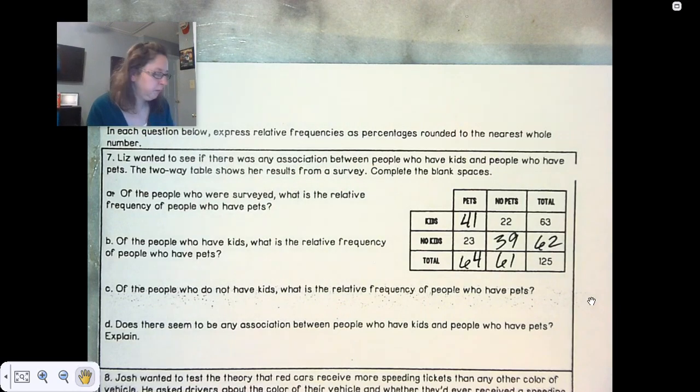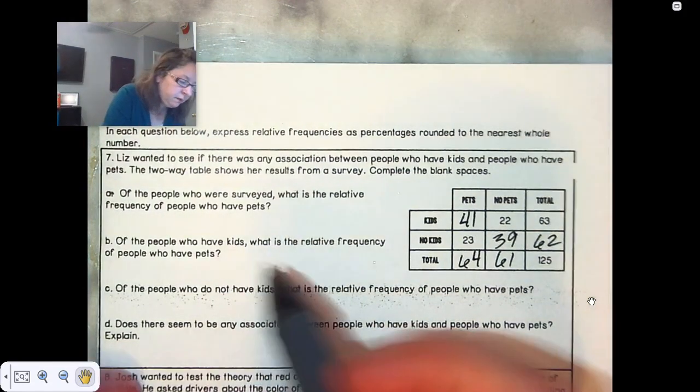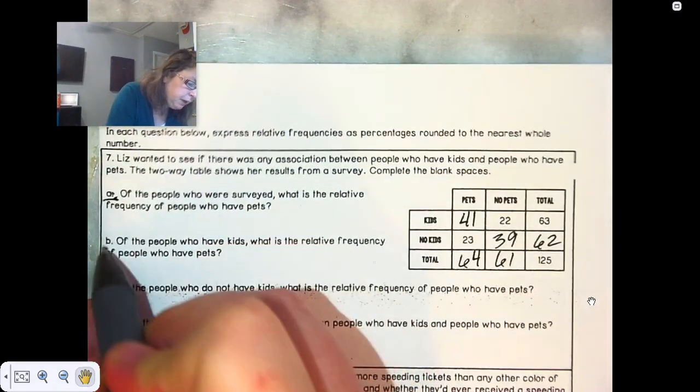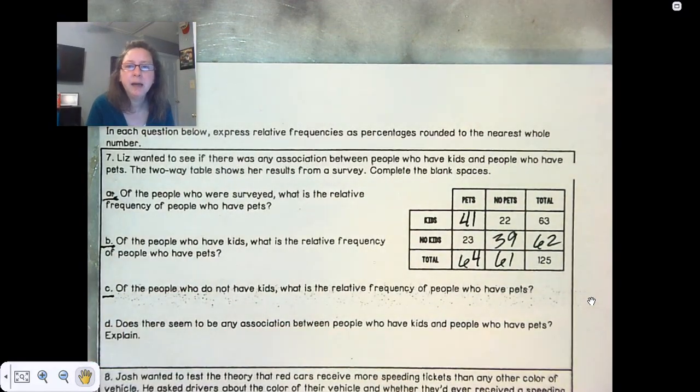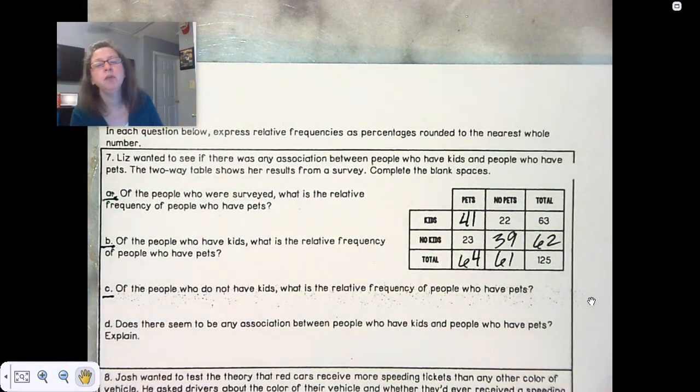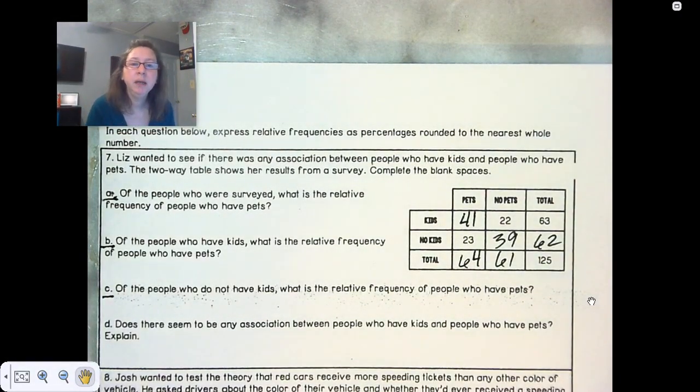Now try to answer these 3 questions, A, B, and C. See if you are able to find the relative frequency of the specific information they're asking for. Please pause your video and try to answer all 3 parts.